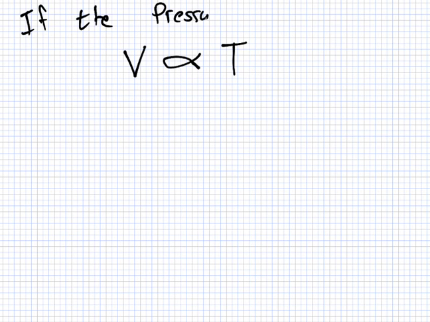So there's another law which now relates volume and temperature. So what do you think happens to the volume when you heat something up? It increases, okay? So this next law says that volume is proportional to temperature, but in this situation the pressure is fixed, is constant.